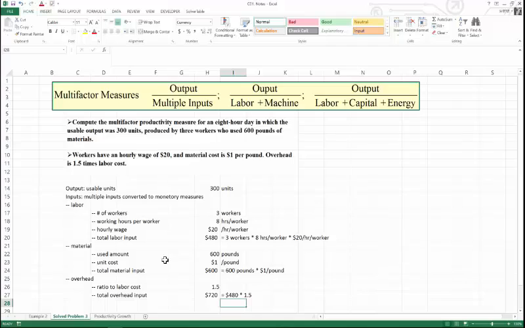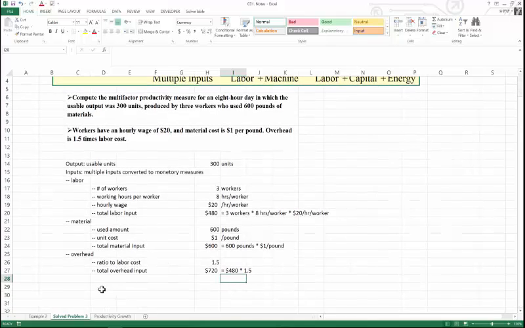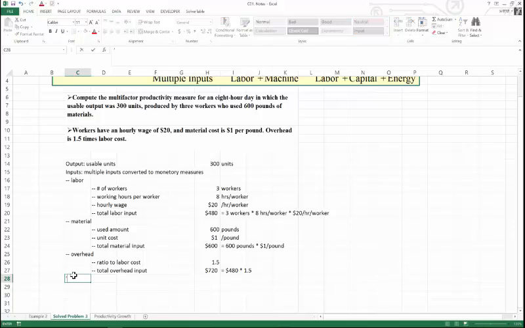Now, what is the total input? Inputs include 3 factors, so we need to sum them together to get the total inputs in dollars. It is equal to labor inputs plus material inputs plus overhead inputs.